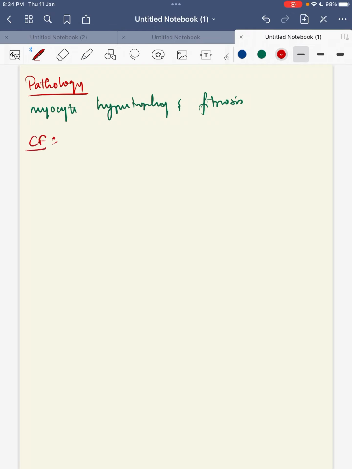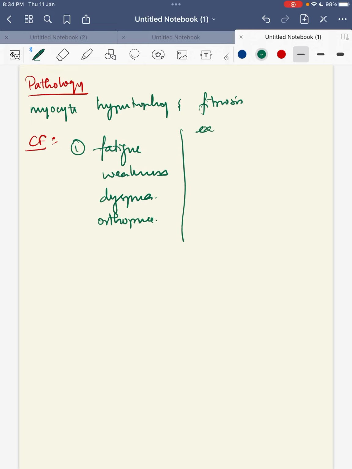The clinical features: the patient can present with a history of fatigue, weakness, dyspnea and orthopnea, all the features of cardiac failure. On examination, there will be increased heart rate, that is tachycardia, and narrow pulse pressure.